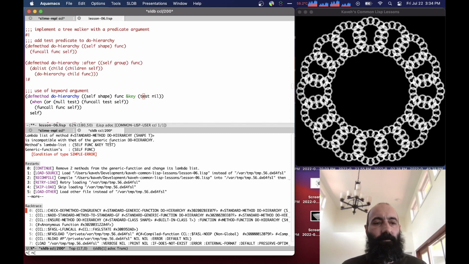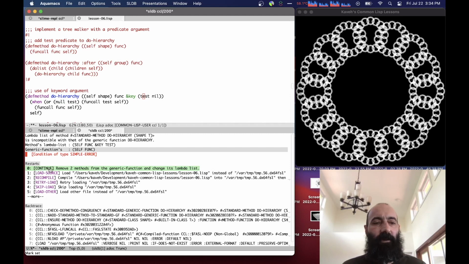So what are our options? So basically, this is the method's lambda list, which I tried to define. And this is the generic function that already exists because I defined 2 other methods before that. So it was self and func, but now it's self, func, and key test. So again, we look at our restarts because this is Common Lisp, and we can recover from errors or continue from errors.